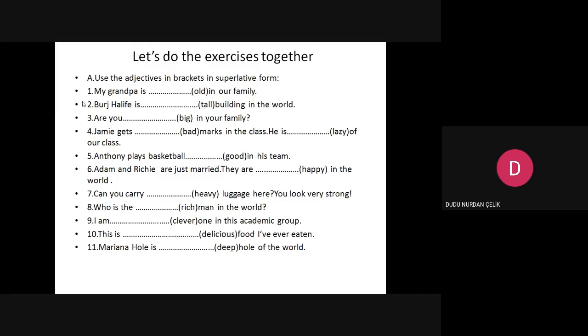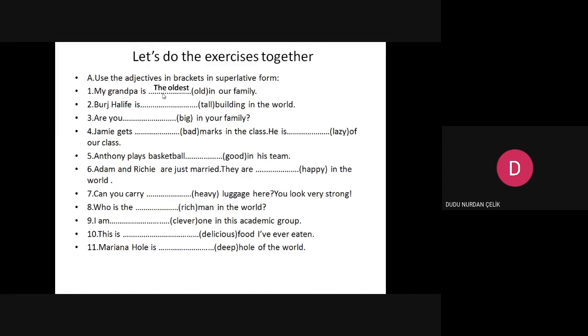My grandpa is old in our family. Be careful. This is a family group and we choose the grandpa one. So, good. See the answer now if you are right. I'm sure you're right.